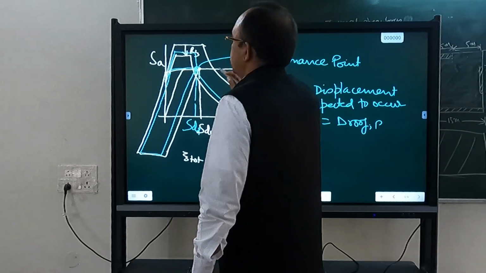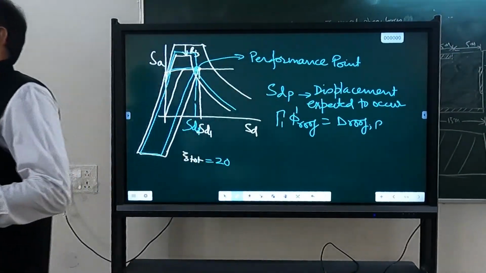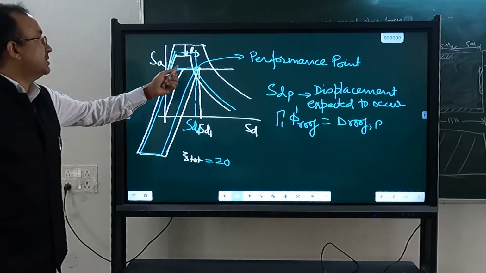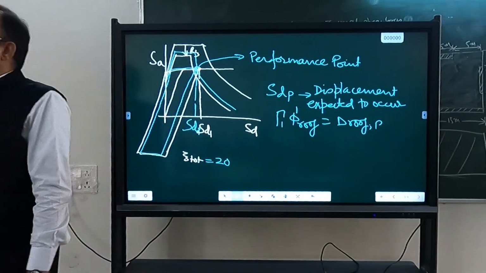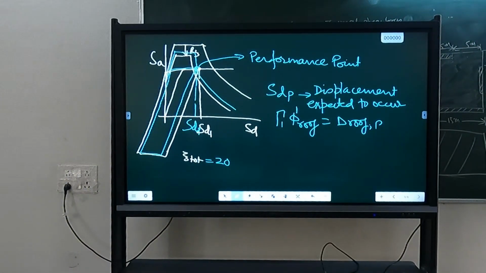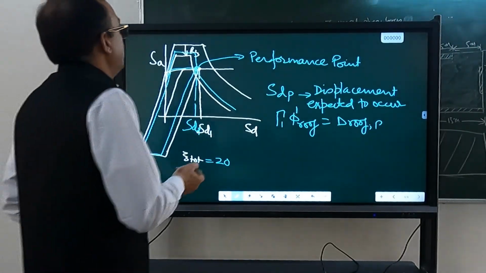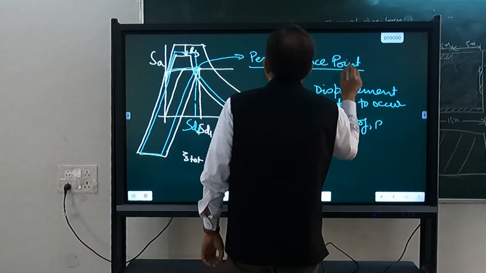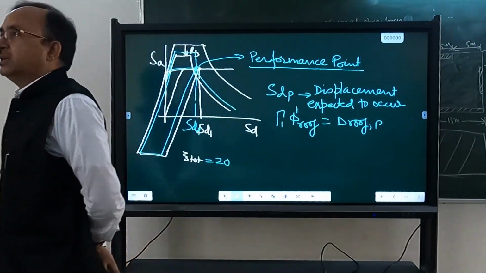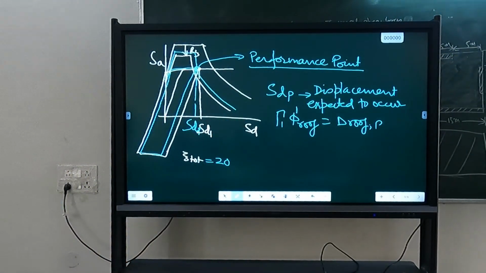Whatever response spectrum I have taken, let us say I have taken it corresponding to DE, then this is the displacement under DE. If I have chosen MCE, then this is the displacement under MCE. Displacement of the non-linear, inelastic system. This is the most important point, which we call the performance point. That will tell us what will be the performance of my structure.